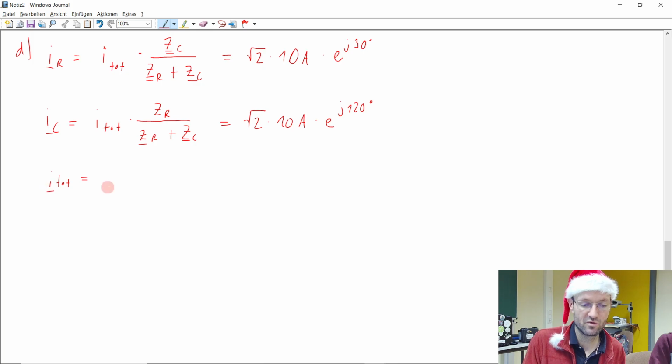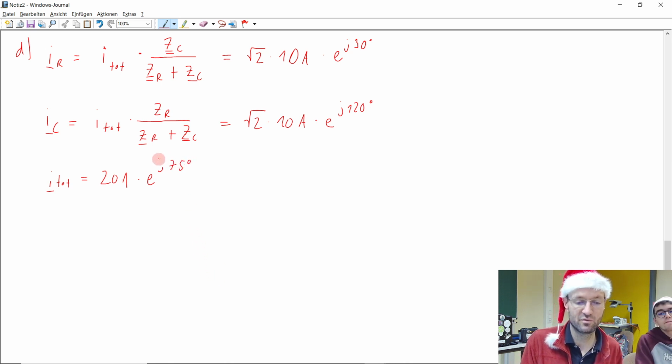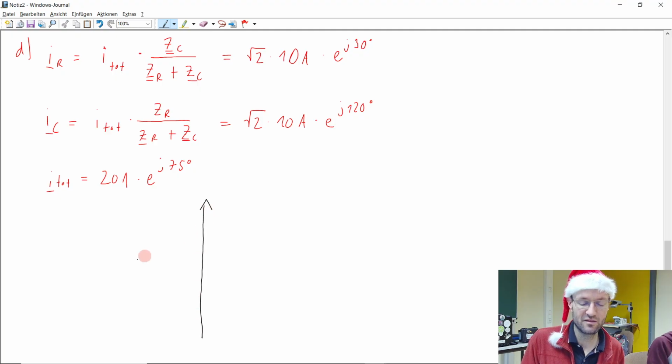Total current was 20 ampere times e^(j75 degrees), but this is what we should also get from our complex phasor diagram. So yeah, we have something with 30, 120 and 75 degrees, so I only need the upper part of this complex plane, let's say.